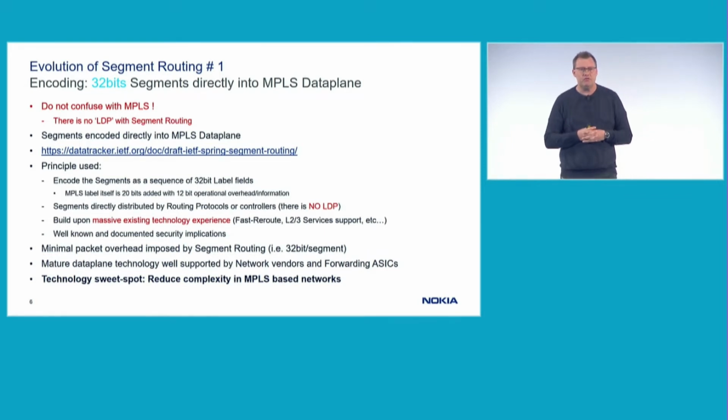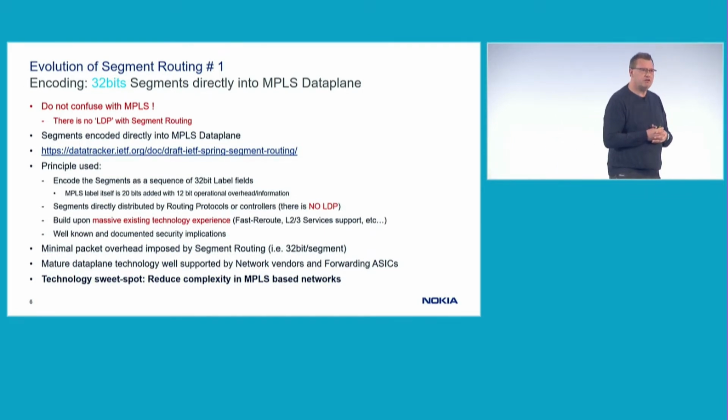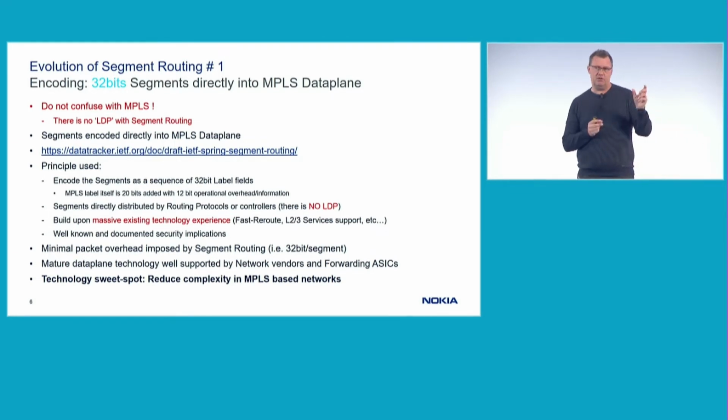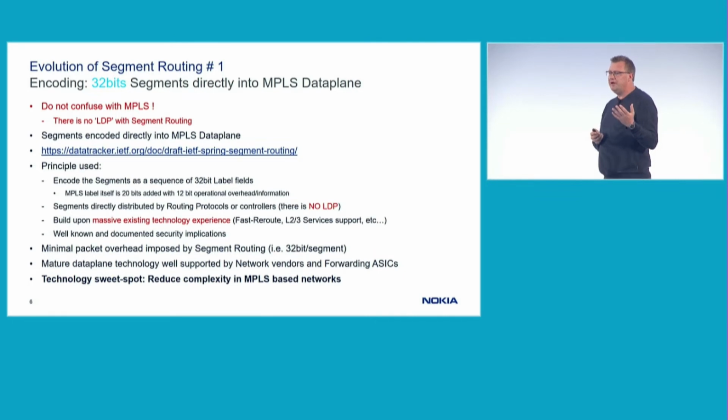So the principle used is we have 32-bit segments, whereof in the MPLS world, we have 20 bits which is the label, and 12 bits telling some additional information about the label itself. Another benefit of this mechanism is the overhead you impose is relatively low.